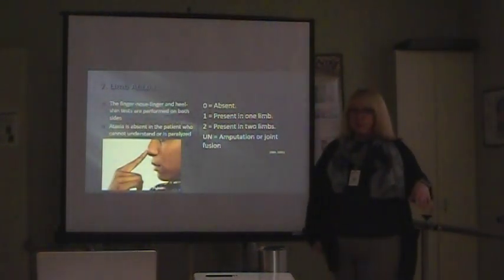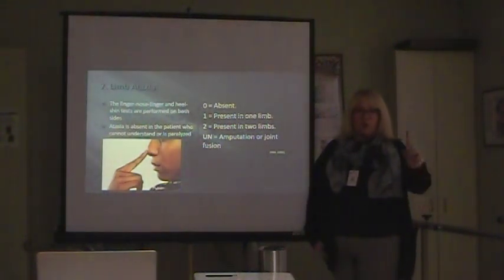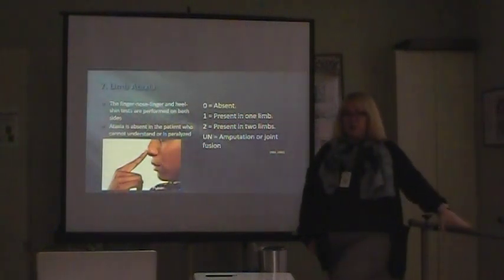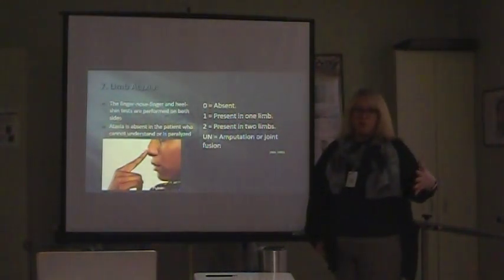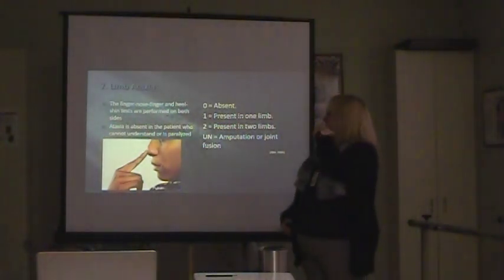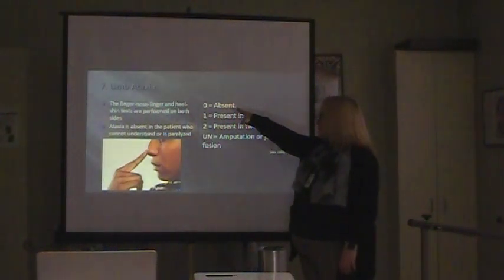This limb and this limb do not count as 1 and 2. It's only this side we are going to score. We're only going to do finger, nose, finger here, and if they do it just fine, that is a 0. And if they do it just fine in the lower extremity, that is also a 0. So that patient would not get any marks here, so they would be absent.